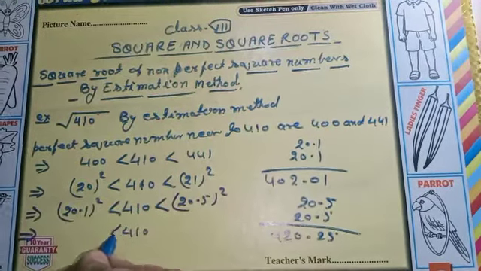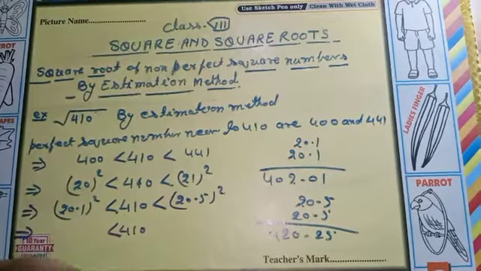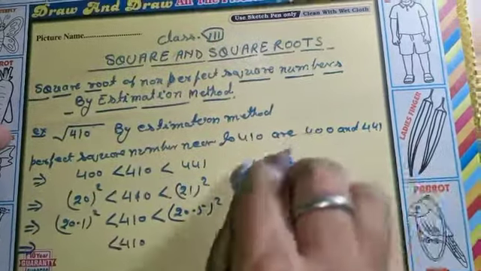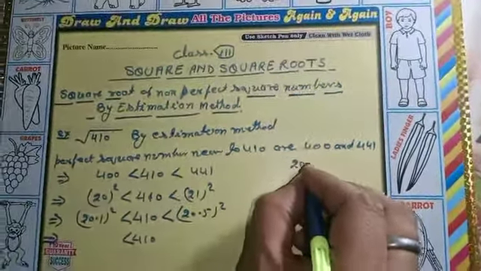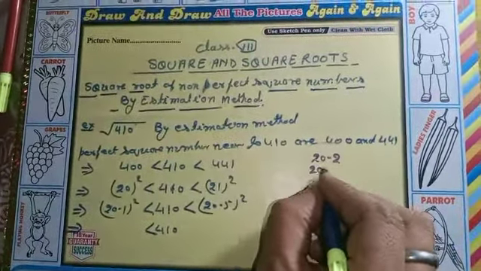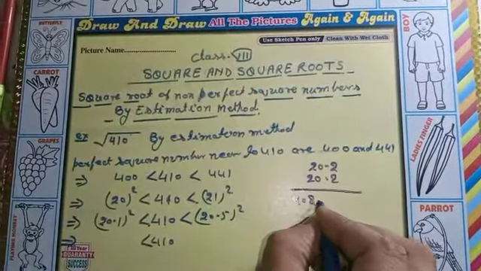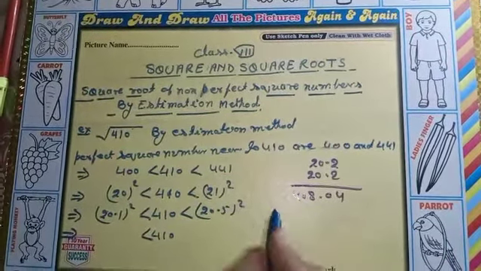Now again we increase from 20.1, suppose 20.2. The square of 20.2 becomes 408.04, which is less than 410.